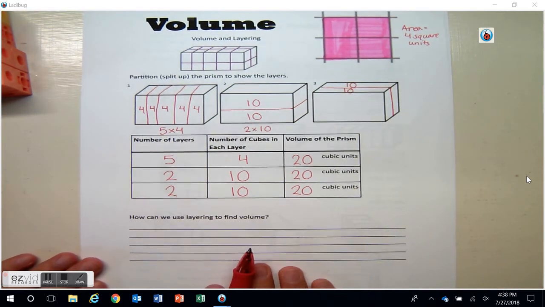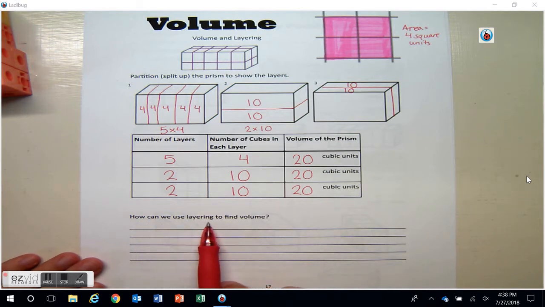So let's go ahead and answer this question we have here. How can we use layering to find volume?